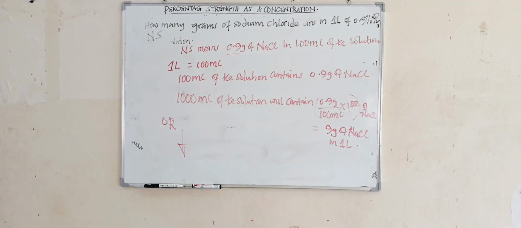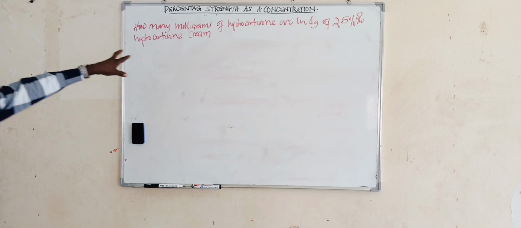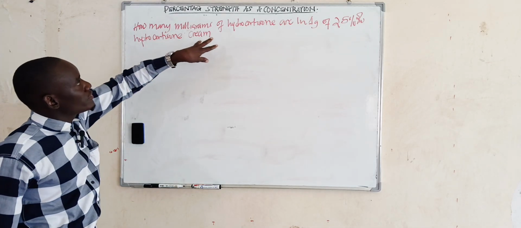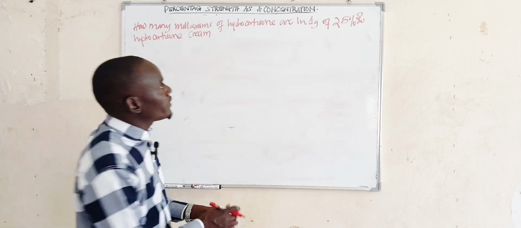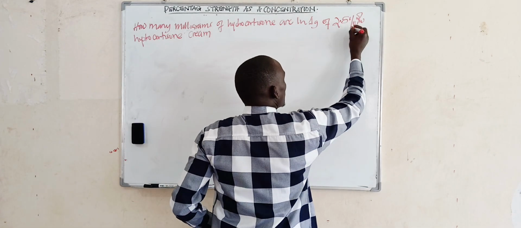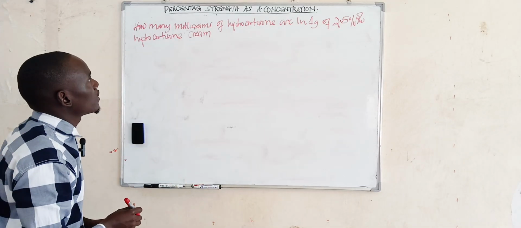Let us look at the next example. How many milligrams of hydrocortisone are in 1 gram of 2.5% weight in weight hydrocortisone cream?